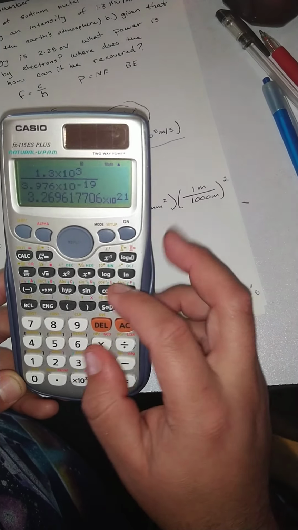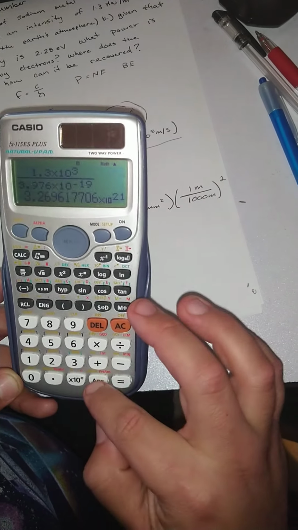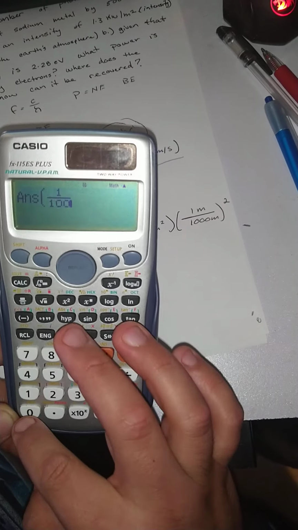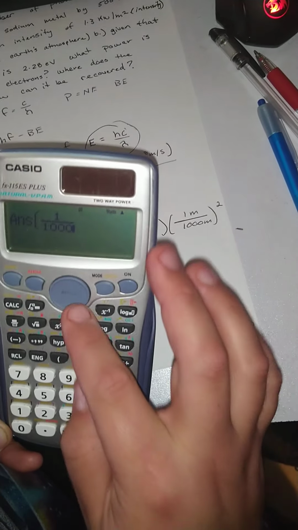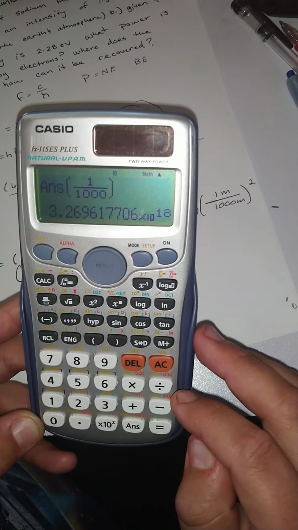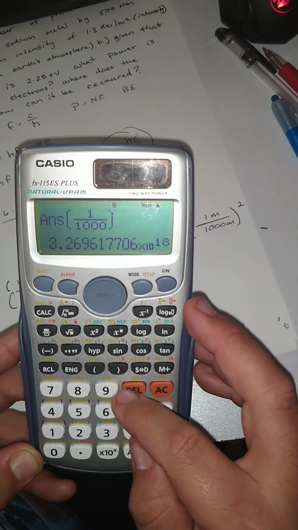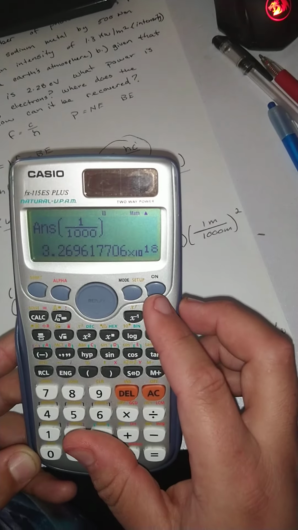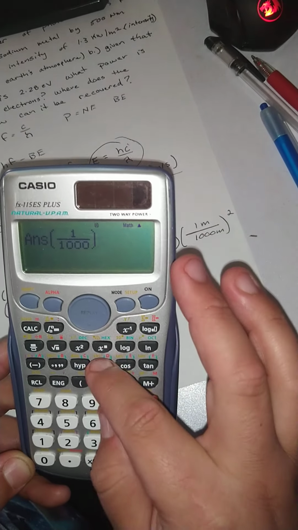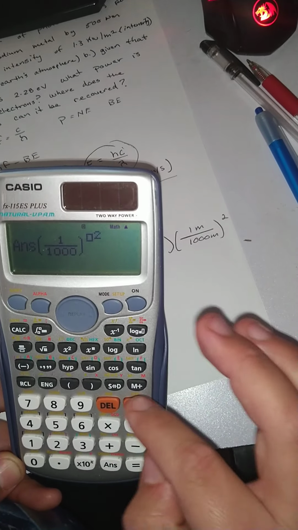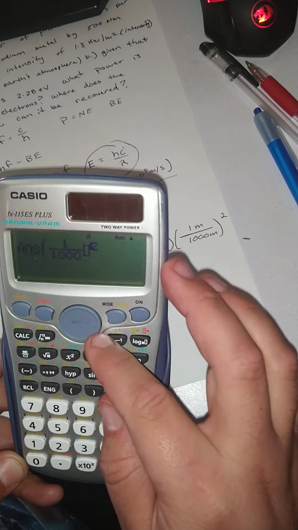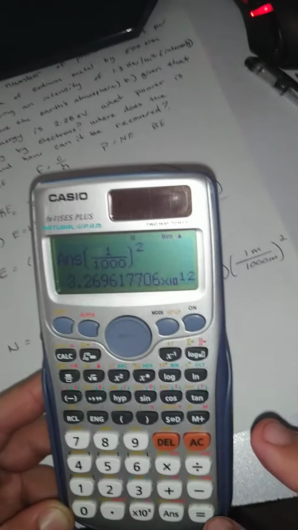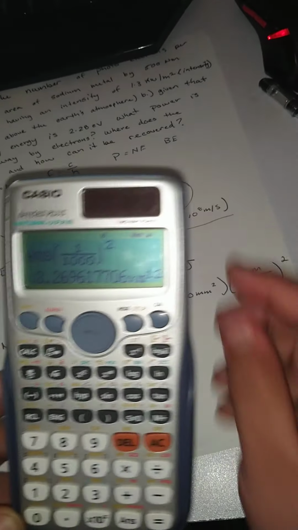But then we want to convert it to seconds, so we take that answer times 1 over 1, times... did I make a mistake? Yes, I think you had to square this.